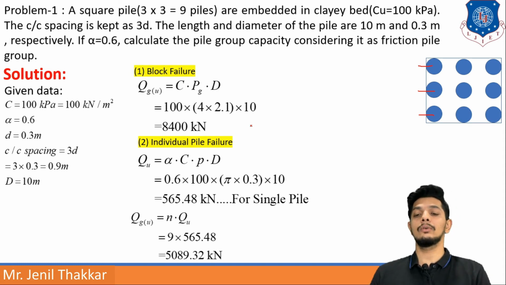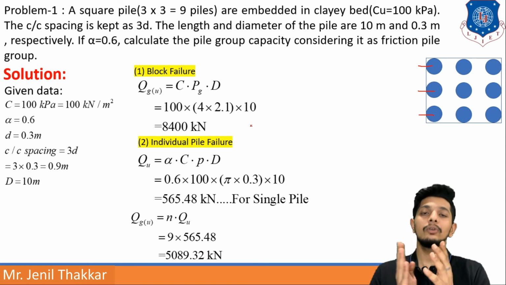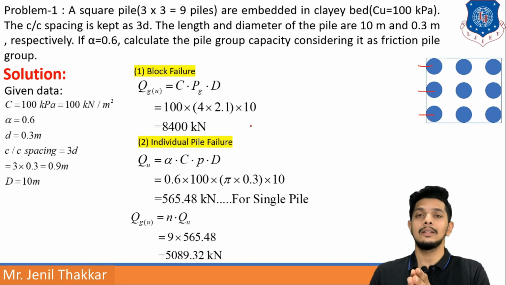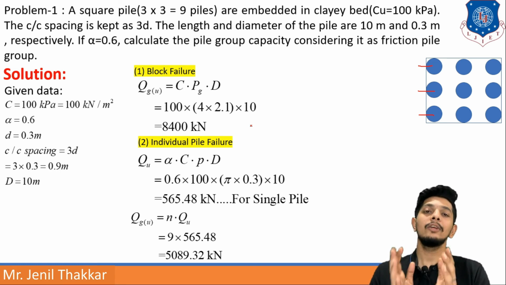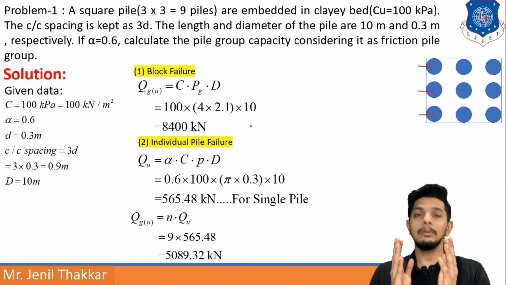Now if you compare 9 piles into 565.48 kilonewton, total capacity will come out as 5089.32 kilonewton. If you are calculating 9 individual piles, the capacity is 5089, and if you are calculating it as a block or pile group, it is 8400 kilonewton, having more capacity.